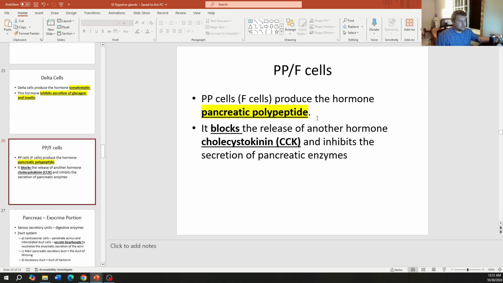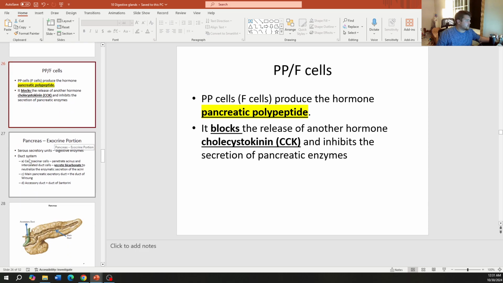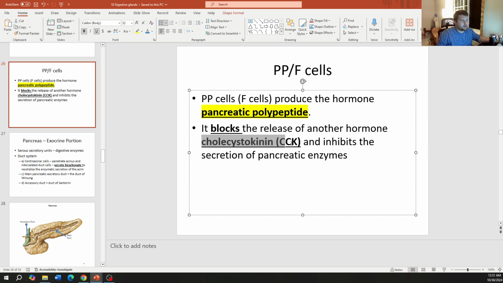PP or F cells produce the hormone pancreatic polypeptide. And this blocks the release of another hormone known as cholecystokinin, which we'll talk about a little bit more in the future.